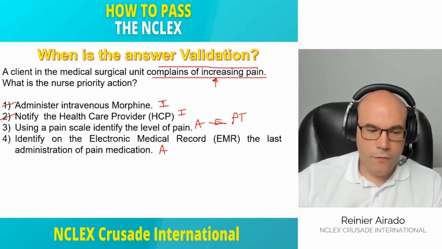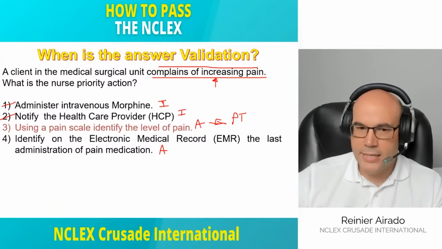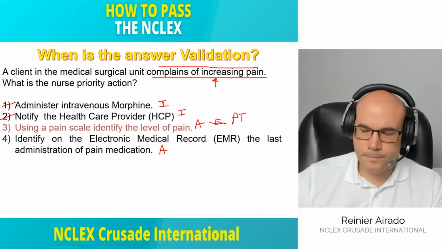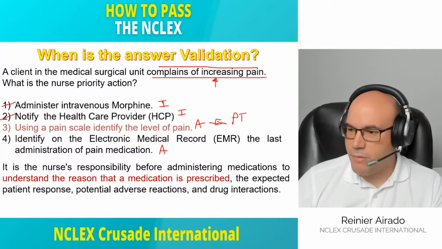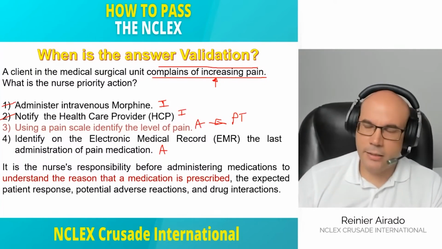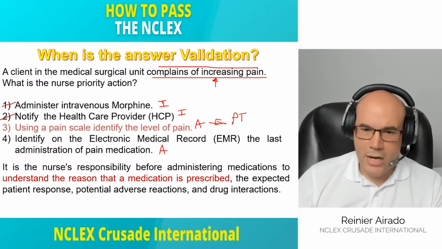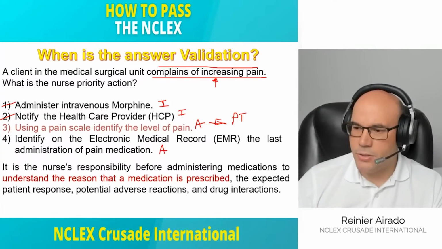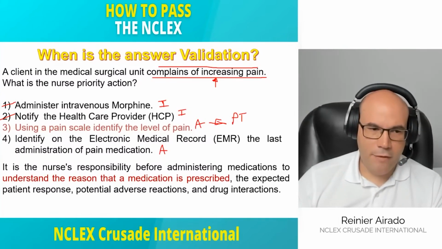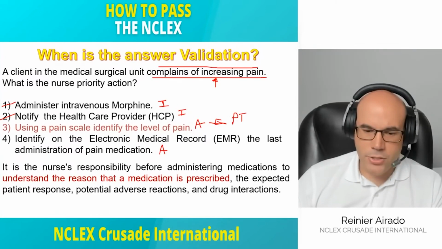The answer for this question is answer number 3. It is the nurse's responsibility before administering medication to really understand what is going on, to really understand the reason why the nurse is giving a medication. What is the patient's response? What is the potential adverse effect, drug interaction?